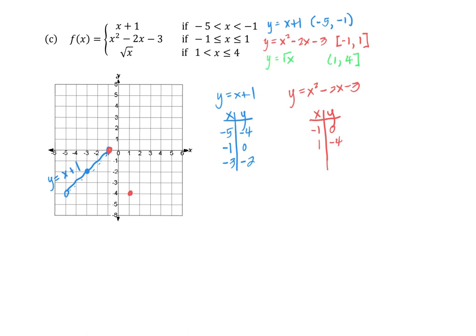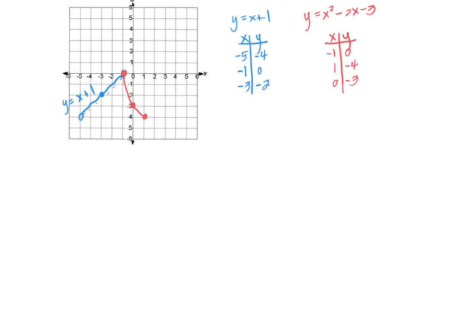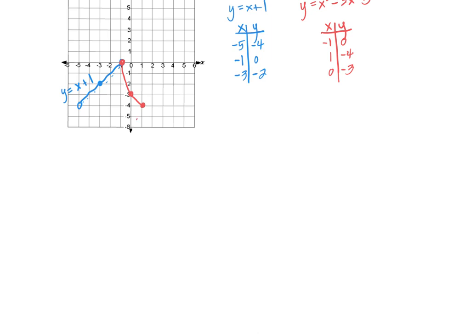The only x value that is nice between negative 1 and 1 would be 0. If I put in 0, I get a negative 3 back. So 0, negative 3, and then I can just go ahead and connect the dots. And it does curve. So again, this is y equal to x squared minus 2x minus 3.